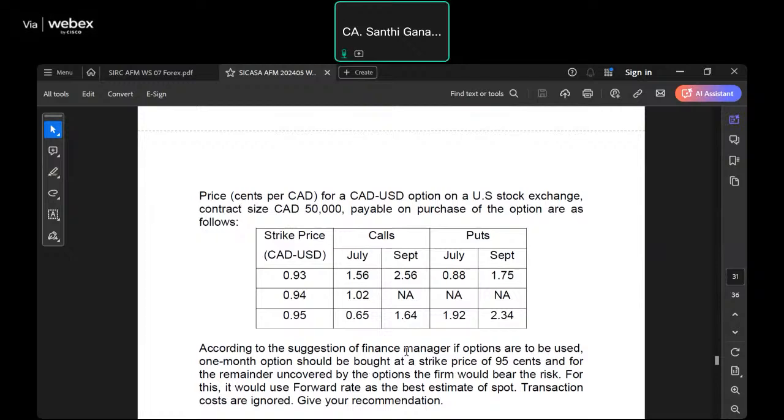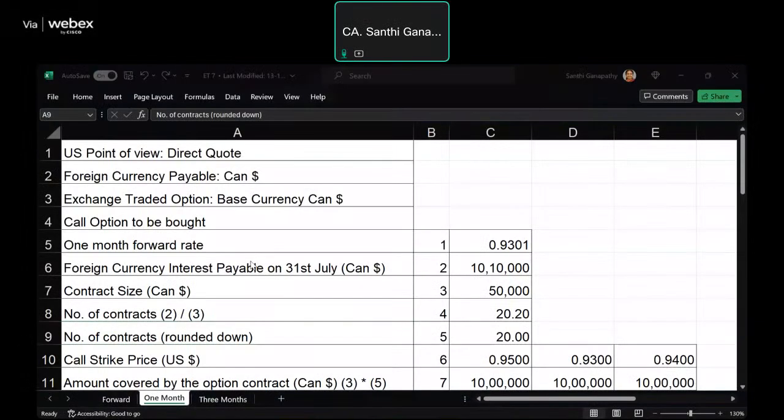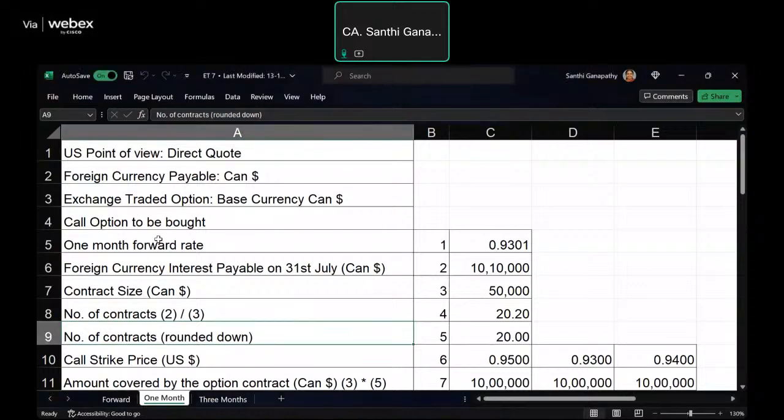Have you done for 1 month? All the three? Can we check up? So now, what do we know? We are doing it from the US point of view. We are looking at a foreign currency payable.